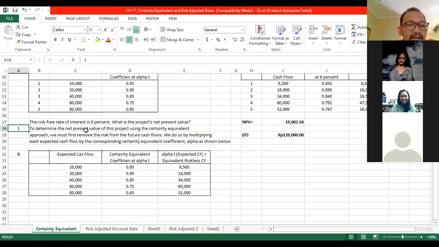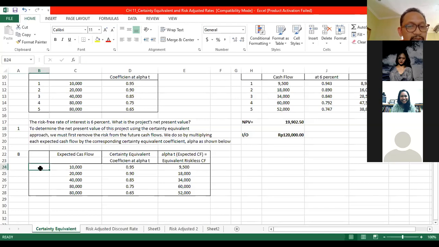This is the expected cash flow, and then you multiply it with this coefficient, and you will get the safe, or you can call it the equivalent riskless cash flow. So there is no risk in here. It is almost certain that you will get this cash flow within the next 5 years.